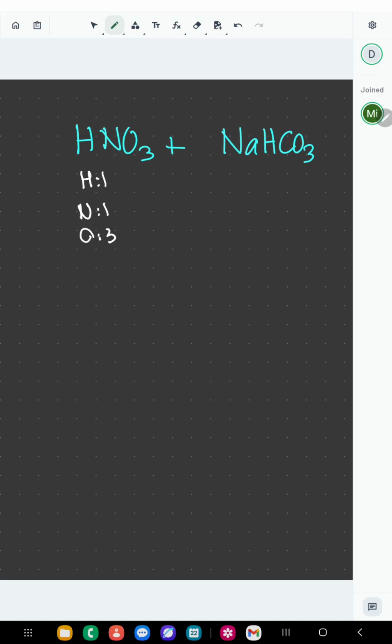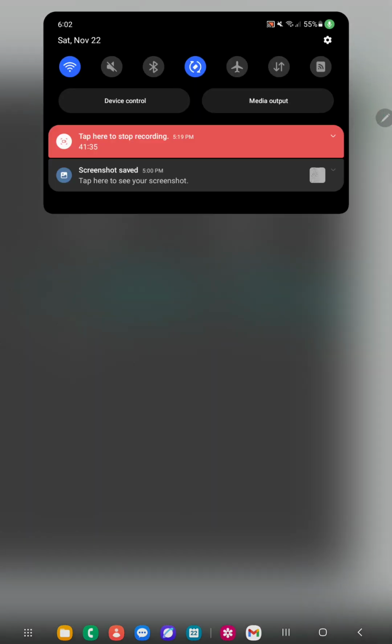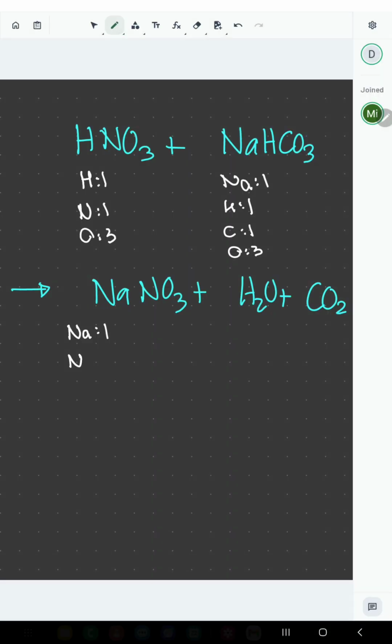HCO3 is bicarbonate, so this one is sodium bicarbonate. Then NaNO3, so this is sodium nitrate plus water plus carbon dioxide. I think it's balanced. Everything is balanced.